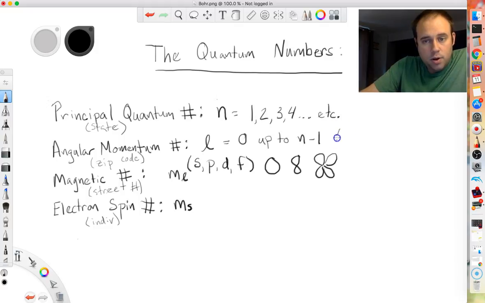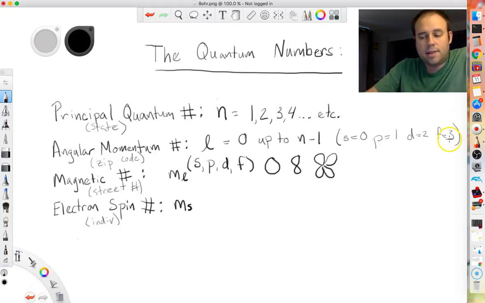All right, now what's important to understand here is that s equates to 0, p equates to 1, d equates to 2, and f equates to 3. So you're usually not going to go much above 3 when you're dealing with your angular momentum value. 3, the f orbitals, that's going to be down with like the lanthanide series, the large part of the chart you always see removed underneath the periodic table. But we tend not to go much past that.